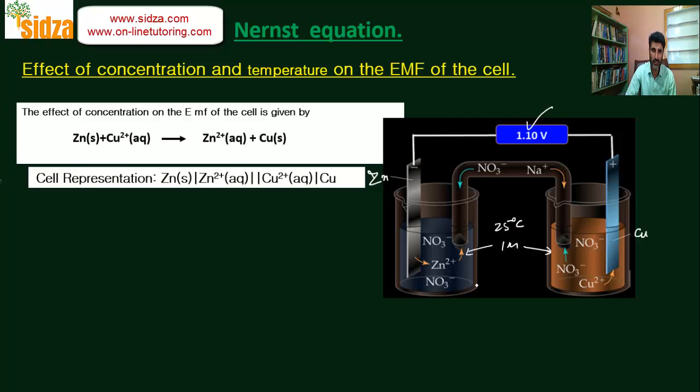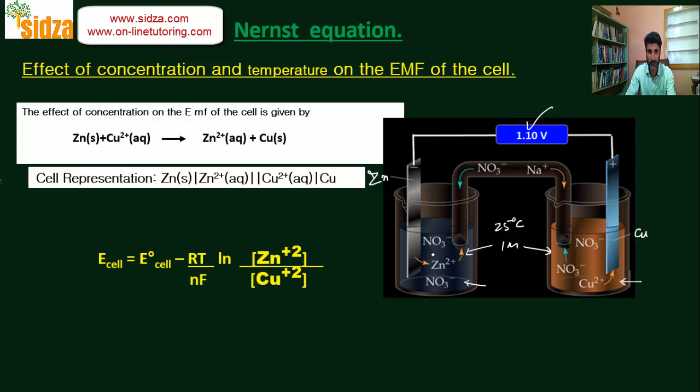So when this cell works under standard conditions, its voltage is 1.1 volt. But if you change the concentration in this electrode, or if you change the concentration here, that will definitely change the electrode potential, which will change the EMF of the cell. So if you increase or decrease the concentrations in the two electrodes, the EMF of the cell will change.